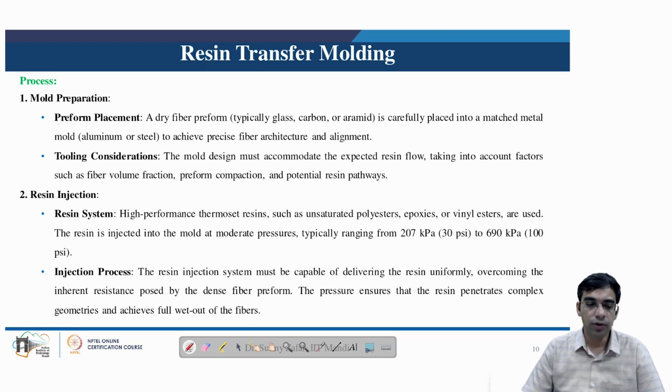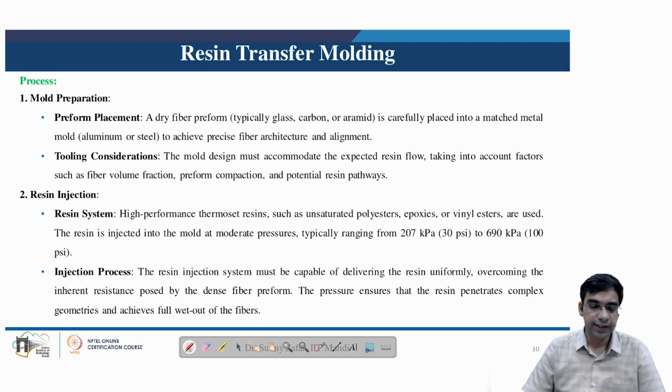This metal mold is made of either aluminium, steel, or for high production runs, tool steels, to achieve the precise fiber architecture and alignment. The tooling considerations involve the mold design, which is expected to accommodate resin flow, accounting for factors such as fiber volume fraction, preform compaction, and potential resin pathways.